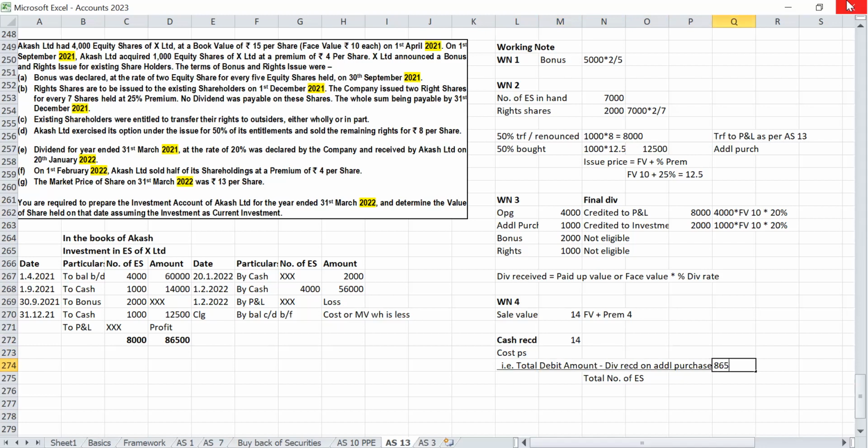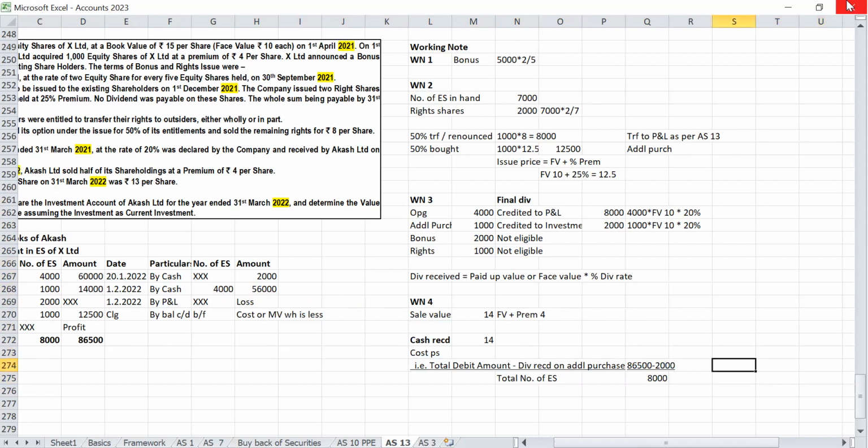Cost per share, how to compute? Total debit for 8,000 shares is 86,500 minus dividend received. Dividend received is 2,000 divided by equity shares 8,000, sir. It's dividend only, 84,500. So 84,500 divided by 8,000.